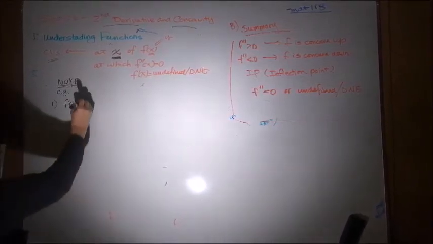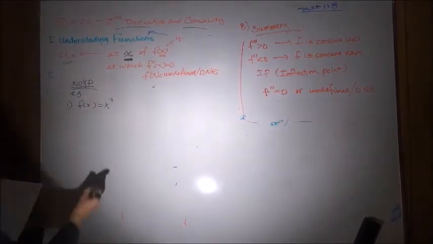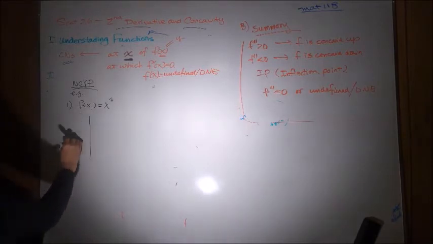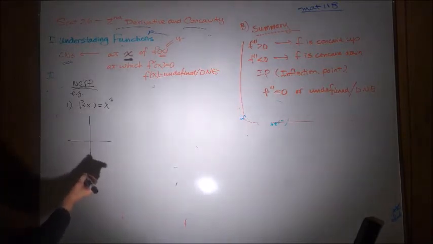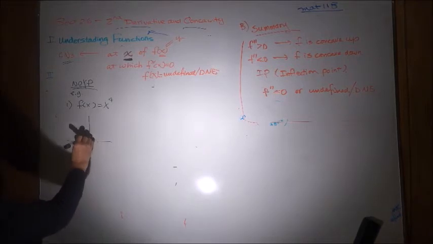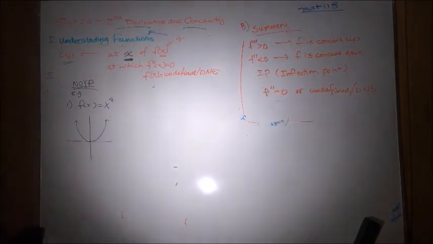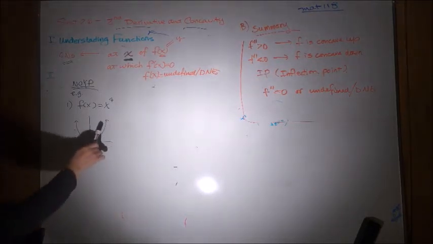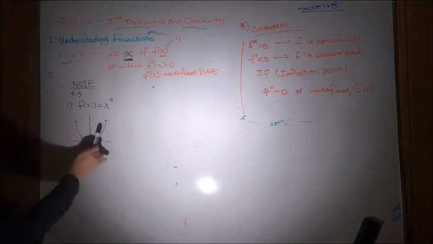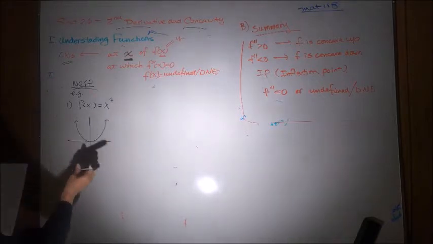If my f of x equals x to the fourth power, if you do your t-table, use your calculators or use a website, you will find out the curve. It's like this, right? It's concave up. So the shape is concave up.